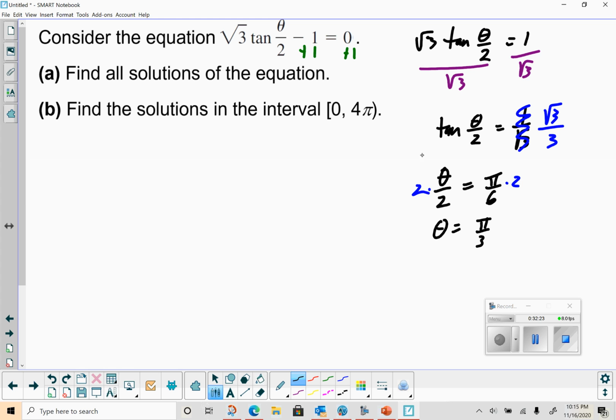But it's the tangent function that we're solving here, so there should have been a plus k pi. Again, the normal period for sine and cosine is 2 pi. The normal period for tangent is only 1 pi. That should also be multiplied by 2. So in the end, we get a 2k pi.